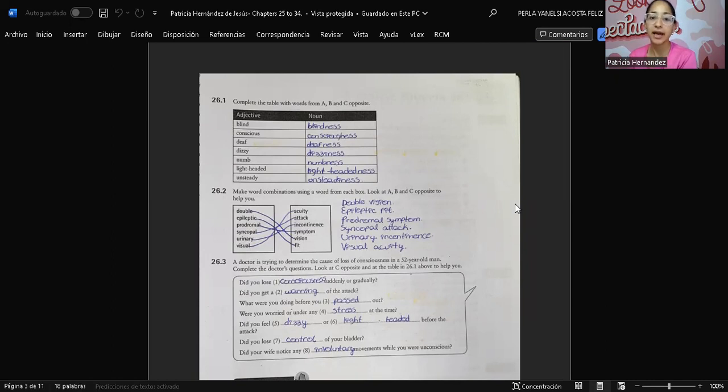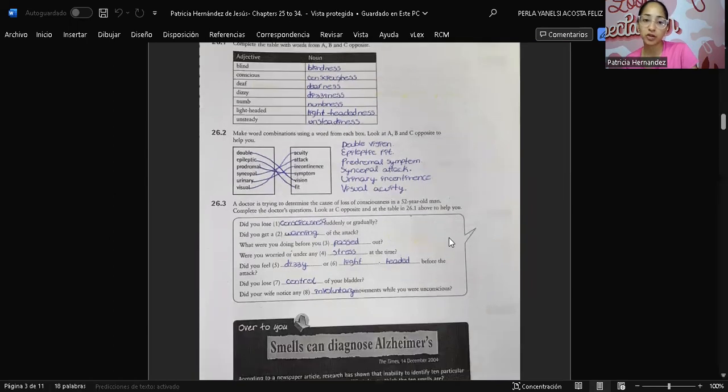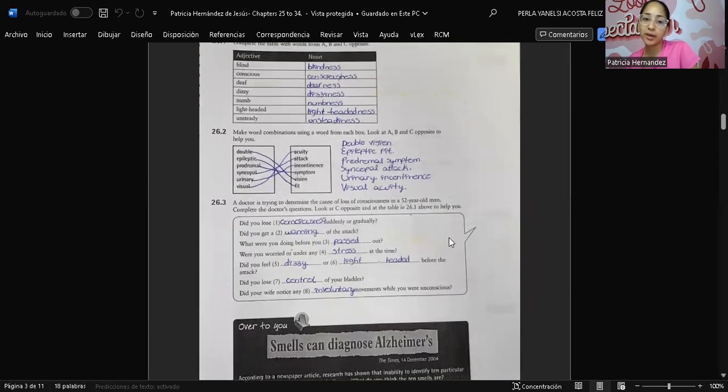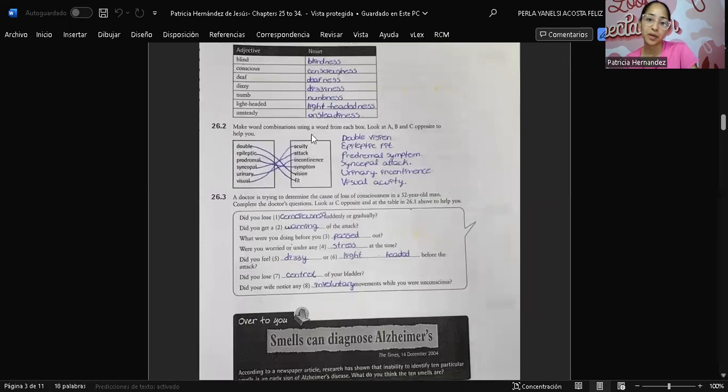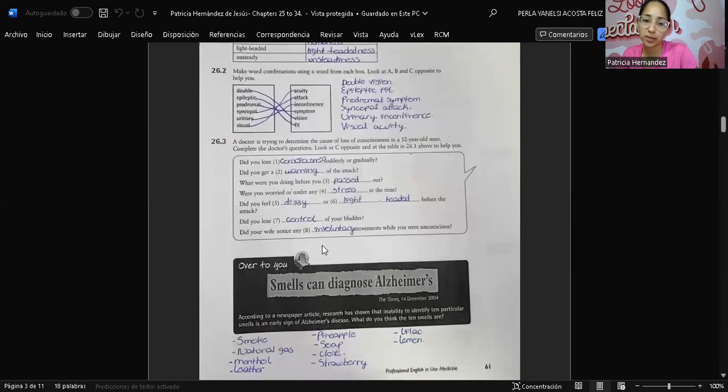Lightheaded, lightheadedness. And unsteady, unsteadiness. 26.2. Make word combinations using a word from each box. Look at A, B, and C opposite to help you. Okay, double vision, epileptic fit, prodromal symptom, syncopal attack, urinary incontinence, and visual acuity.